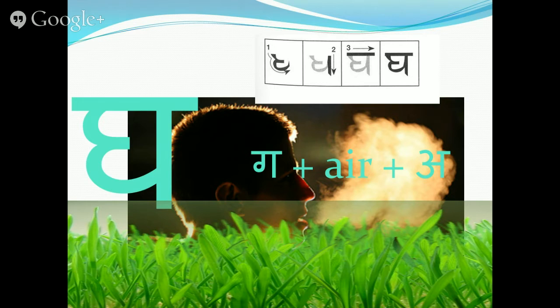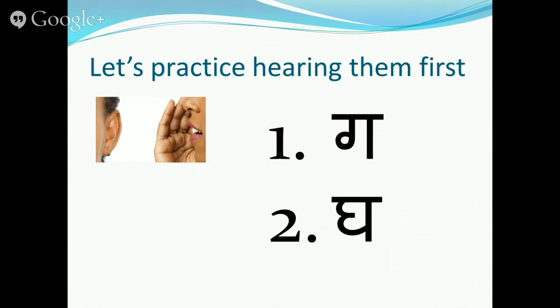And as you can see above, that's how you draw it. So let's practice hearing it first. My theory is that you should be able to clearly hear this. Why? Because you are not used to hearing number two. So whenever you hear it, it's going to stand out like a sore thumb.